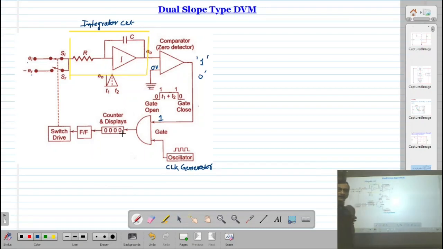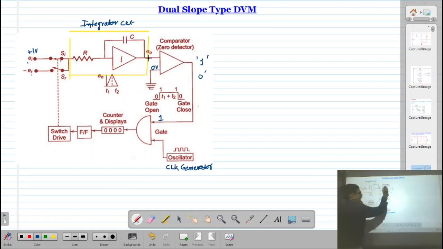Okay? Now let us see how this circuit is going to work. So suppose we have applied some input voltage. This input voltage is, let us say, a positive voltage. It is plus 1 volt. Correct? Then, as already mentioned, initially this switch is connected to the input voltage, remember.